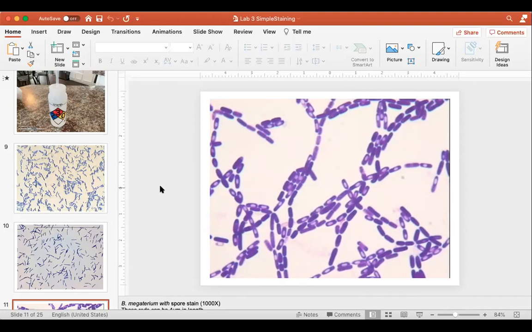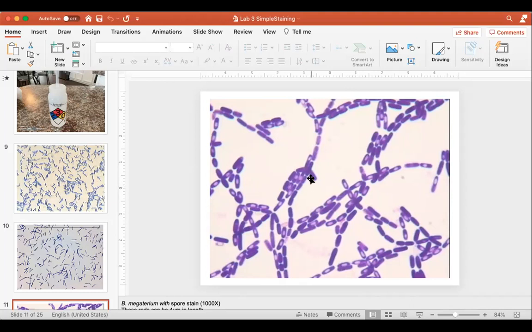The other thing that's a little scary about spores is that they last, as far as we know, forever. We have found spores, for example, in the wrappings around Egyptian mummies. And if you take those spores and you put them back into a nice, warm and wet environment, for example, if you were to put them into some of this broth that we have in the laboratory, they will desporulate and go back to being living cells.